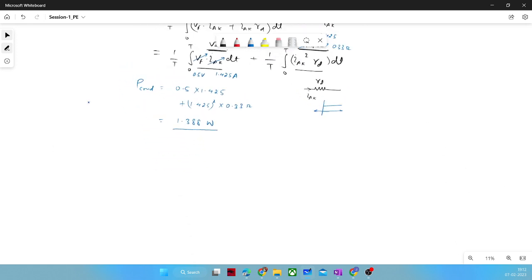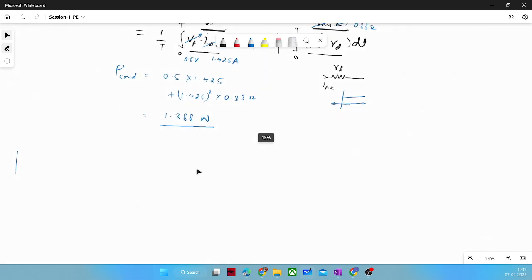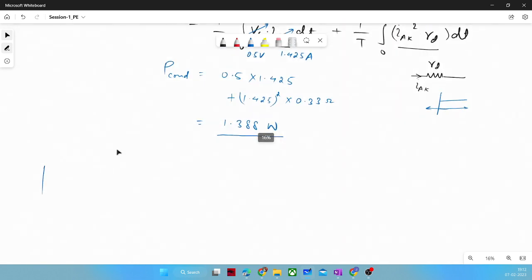After all this derivation, you can write one formula for the conduction loss for any diode: forward voltage drop into average current plus RMS current square into RD.